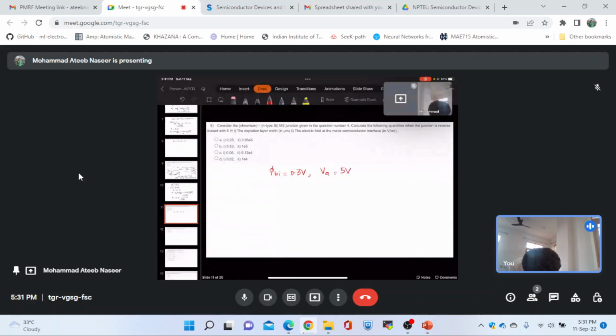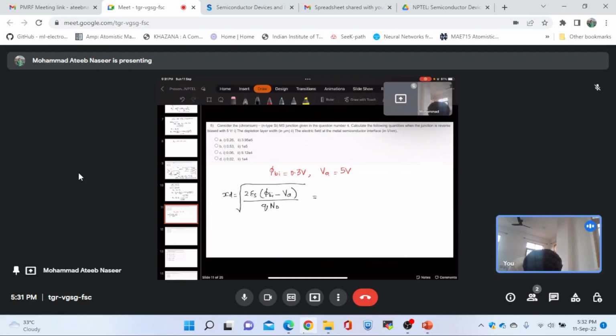Now let's solve this problem. This depletion width xt is simply given by the square root of 2 times epsilon s times (phi bi minus Va) divided by Q, the electronic charge, times the doping concentration.